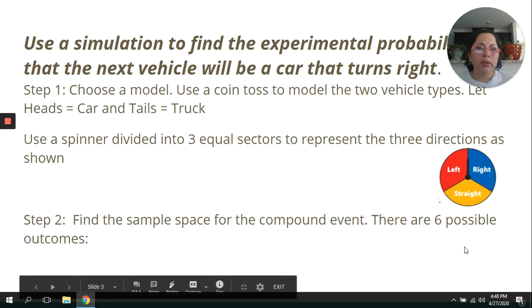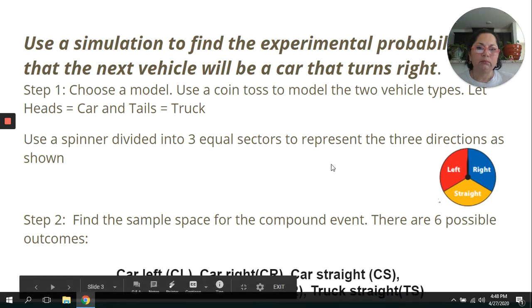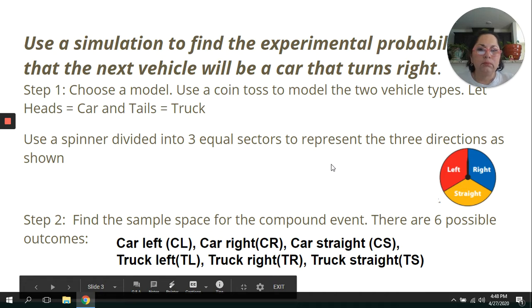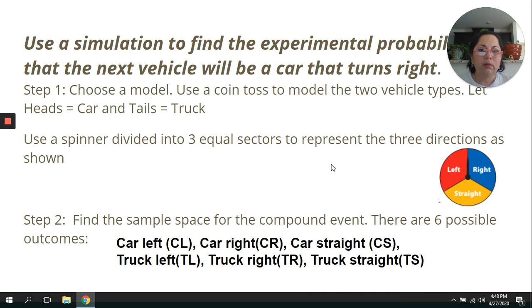So the possible outcomes would be: car left, car right, car straight, truck left, truck right, truck straight. You have 6 possible outcomes.